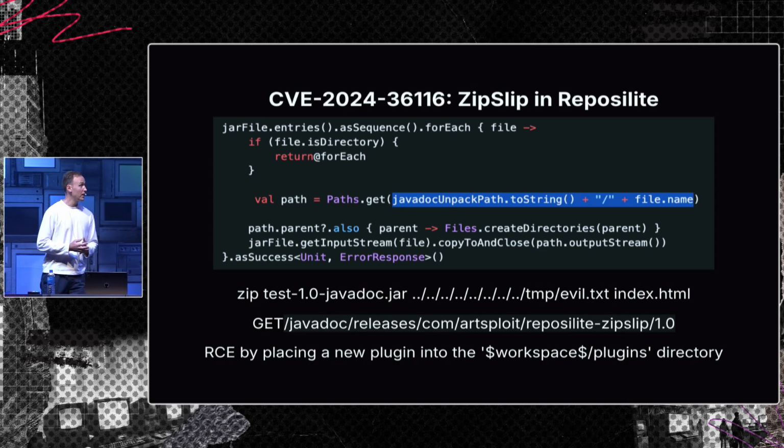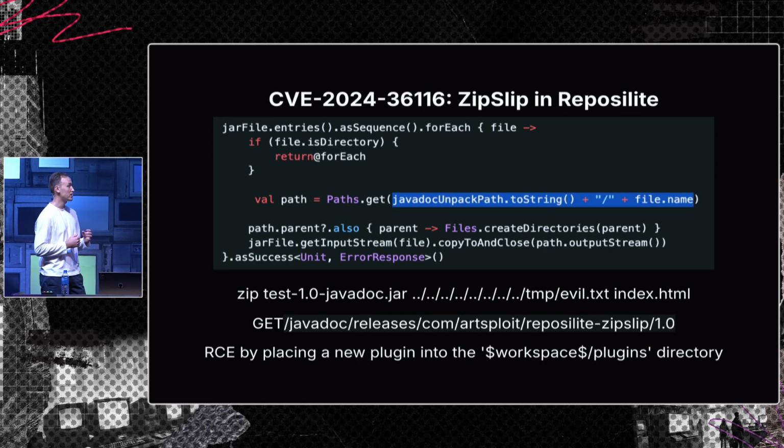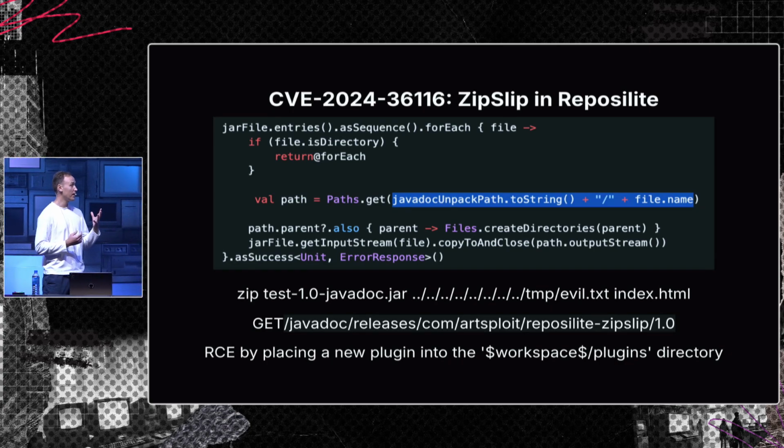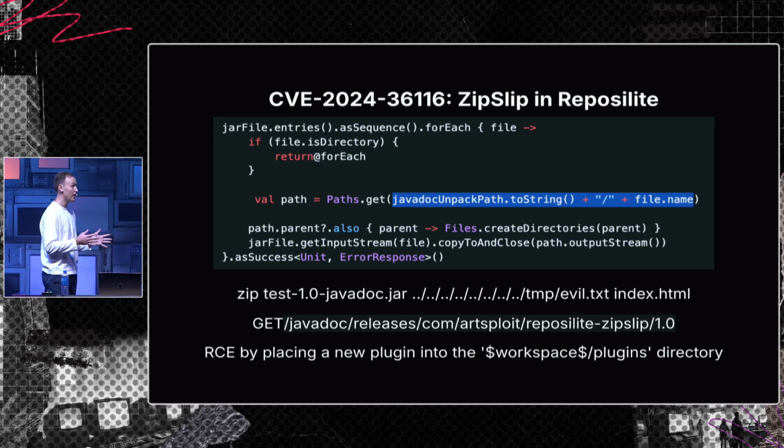Another vulnerability I found in Repositories was in the way Repositories handles zip archives, and especially Javadoc archives. I realized that when we upload an archive to the server, Repositories by itself tries to expand it. And the file names inside archives can have path traversal characters.